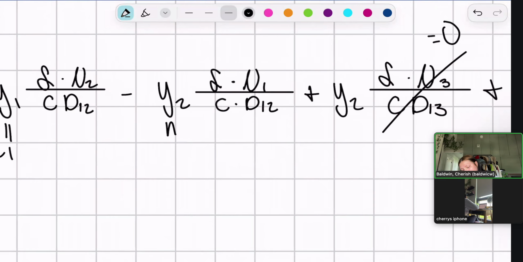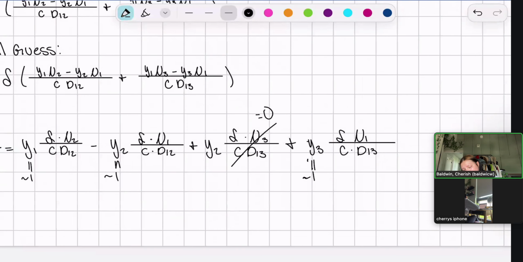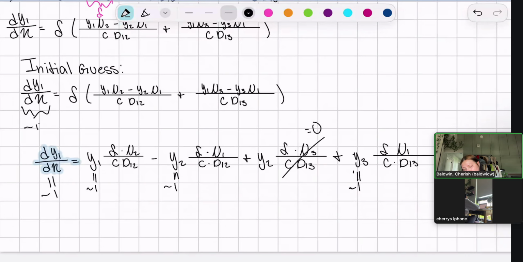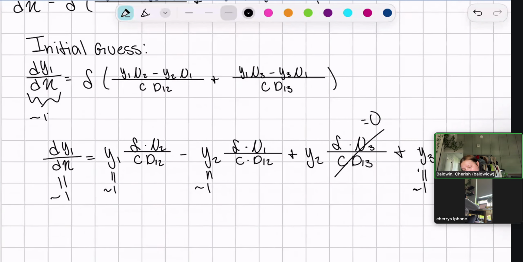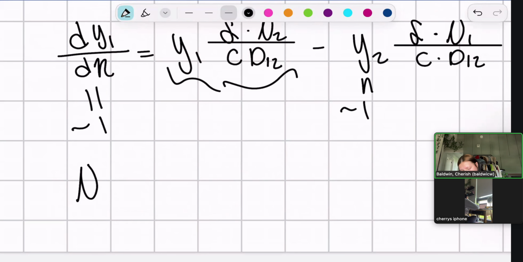Approximately equal to 1. Approximately equal to 1. All right. So now we are going to assume this one's not approximately equal to 1. We're going to take this part of the equation and calculate what the molar flux of methanol is for our solver, our initial guess.